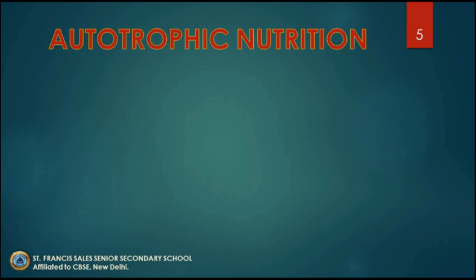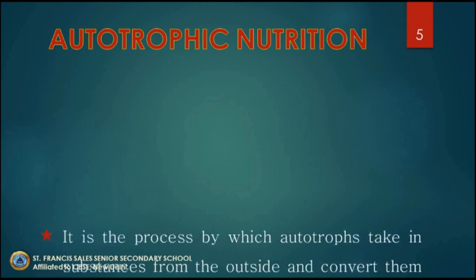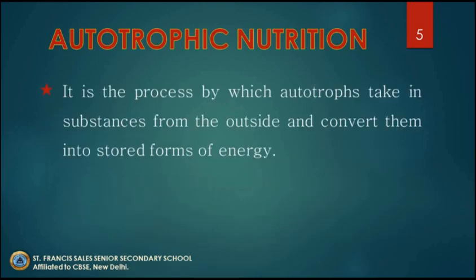First, we can discuss autotrophic nutrition. It's a process by which autotrophs take in substances from the outside and convert them into stored forms of energy. That's very important. These autotrophs take the raw materials from the outside and convert them into stored forms of energy.